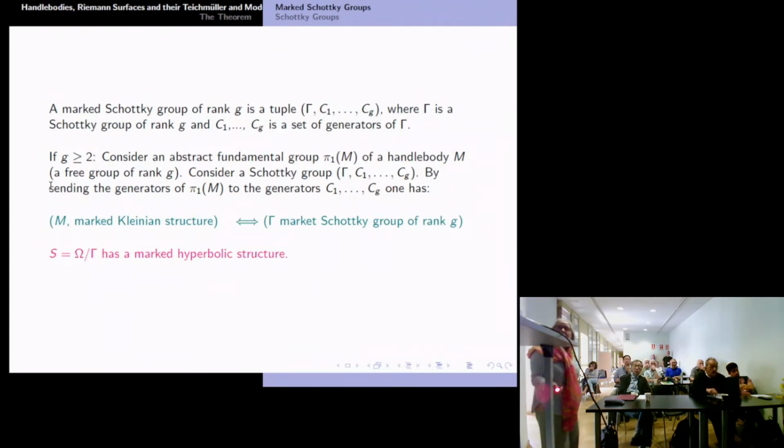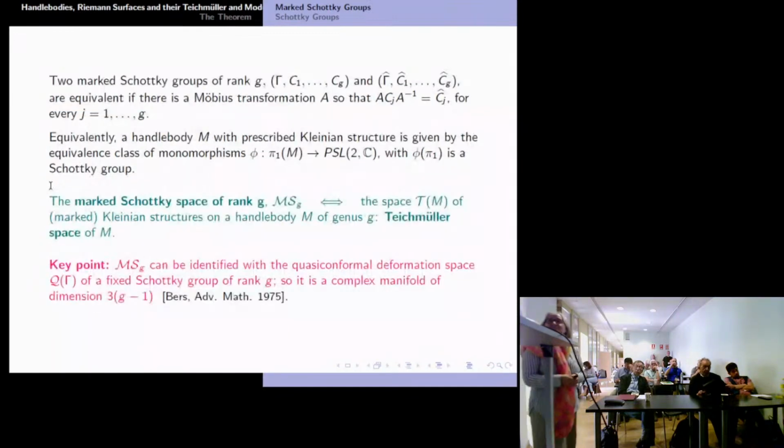When we have the handlebody with the marking, a marked Kleinian structure is to have the group gamma with the marked Schottky structure. We are saying how the generators are, and of course automatically we also get a marked hyperbolic structure for the Riemann surface in the boundary. So we are living in the Teichmüller space of Riemann surfaces.